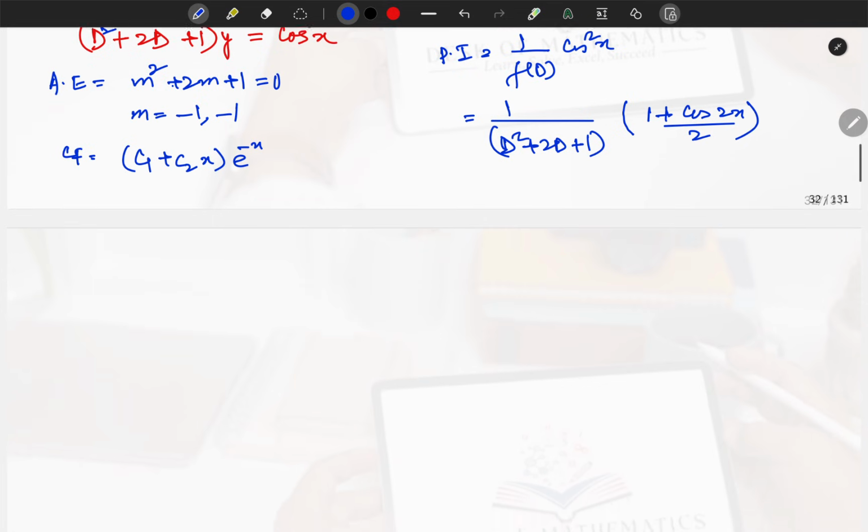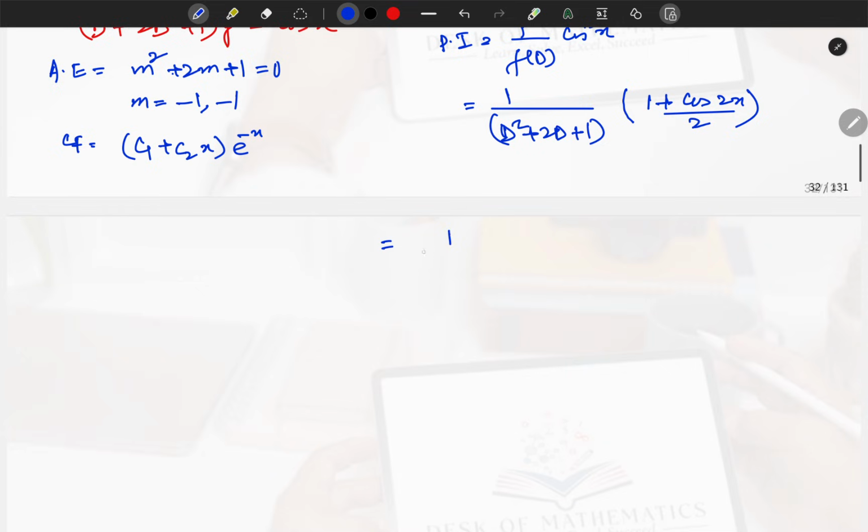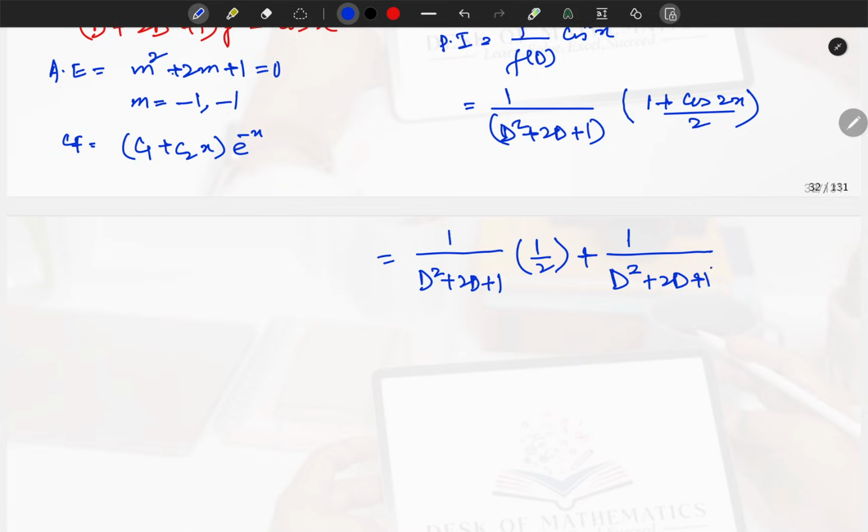Okay, so now you have 1 by D squared plus 2D plus 1 of 1 by 2 plus 1 by D squared plus 2D plus 1 of cos of 2x.